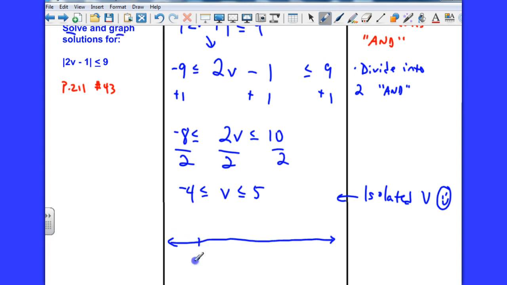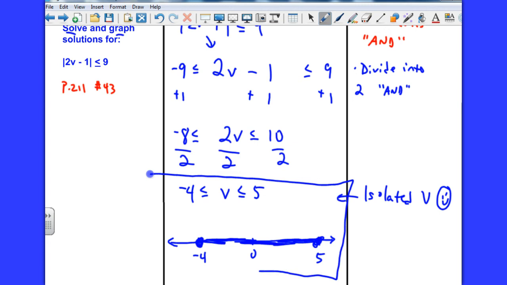On your left you have negative 4, and then you've got your 0, and then over here you've got 5. Now since those are less than or equal to, I'm going to put a solid dot in there, and you're going to fill it. And that is the solution. This whole thing is the solution here.